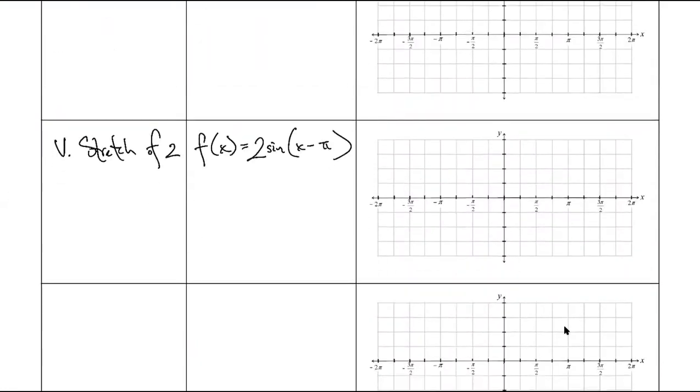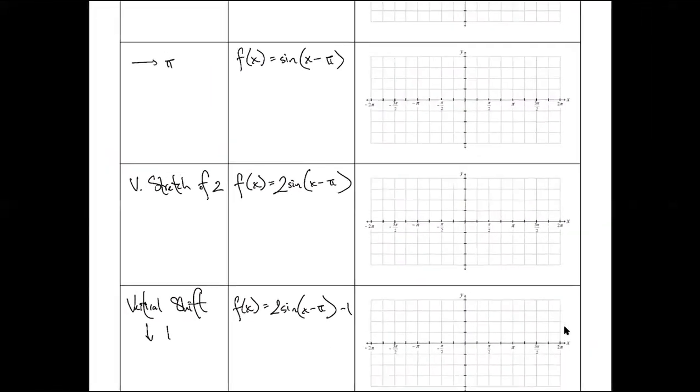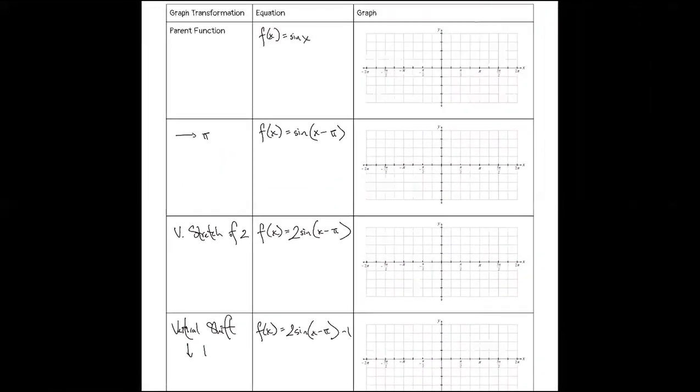And then we have a vertical shift down 1, and that is the -1 at the end.